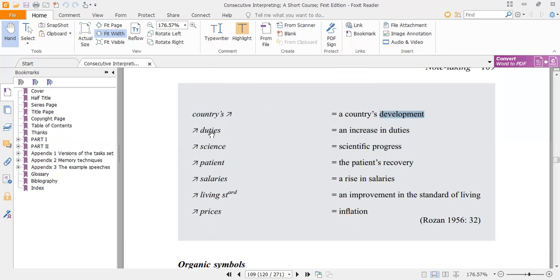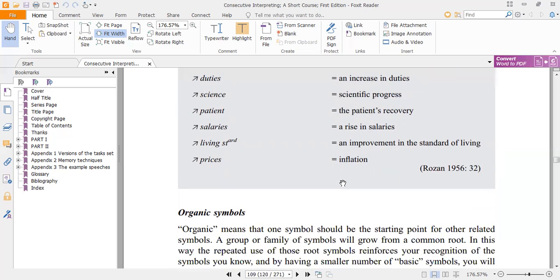Before it, increased duties. As you see, science, scientific progress. Patient's recovery. يعني دائما السهم الطالع means a positive thing; it has a positive connotation, and this positive connotation means rising. Okay, improvement or rising or raising or something like this.